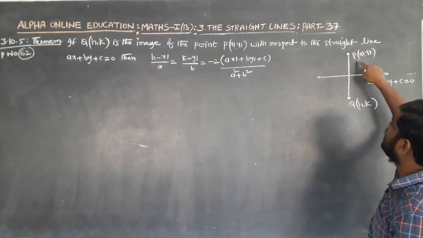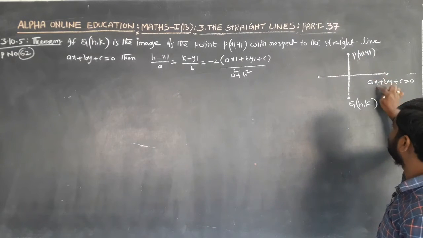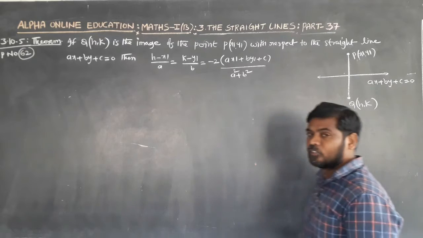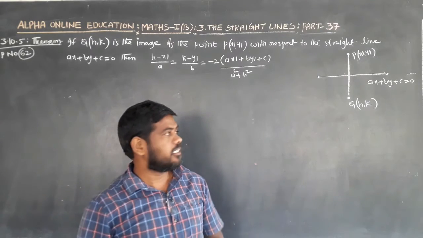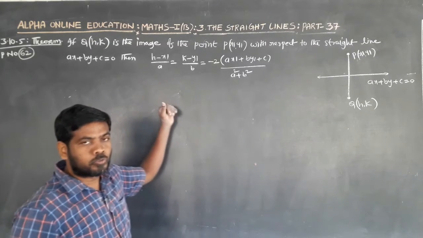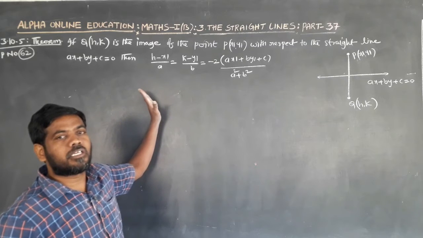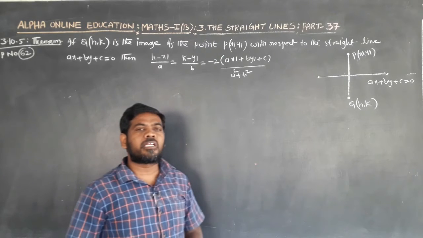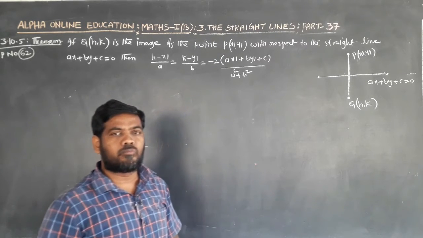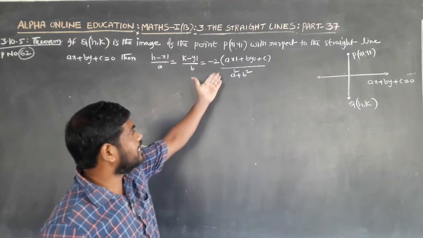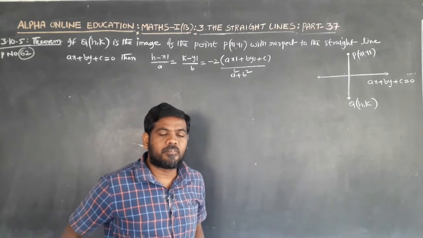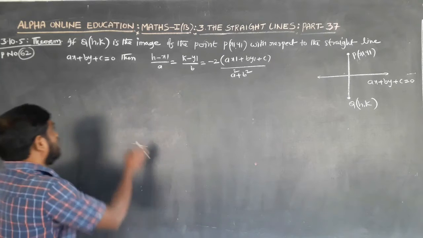Q is the image of P(x1, y1) with respect to this line. Then we prove that (h - x1)/a = (k - y1)/b = -2(ax1 + by1 + c)/(a² + b²).